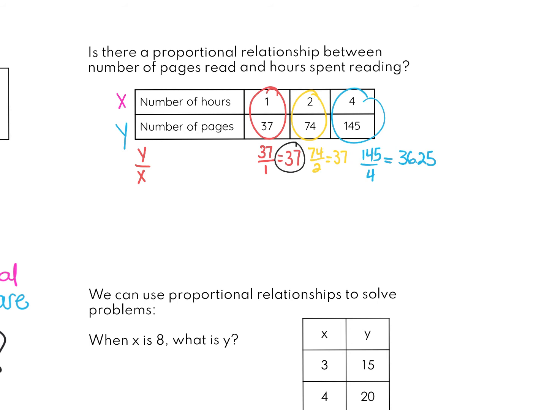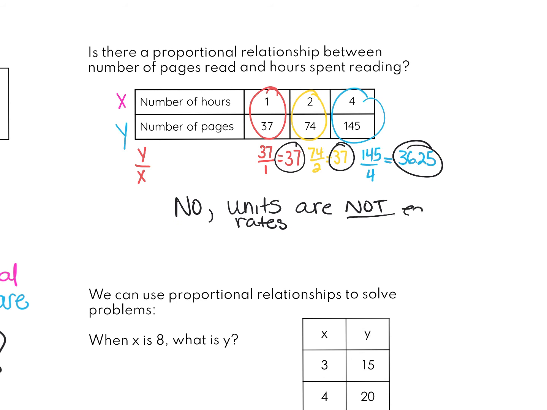So because our unit rates are not all the same, the answer is no. The reason is our unit rates are not equivalent. So this does not show a proportional relationship.